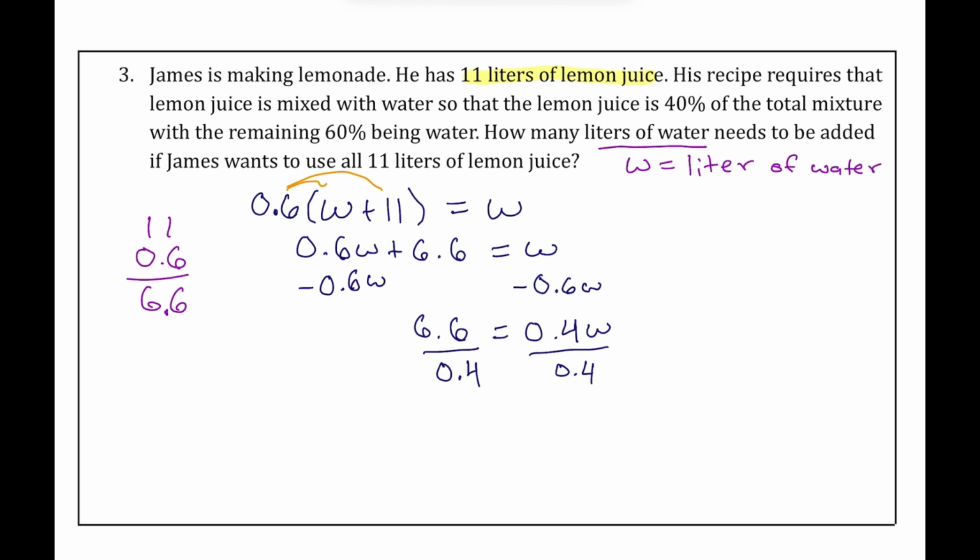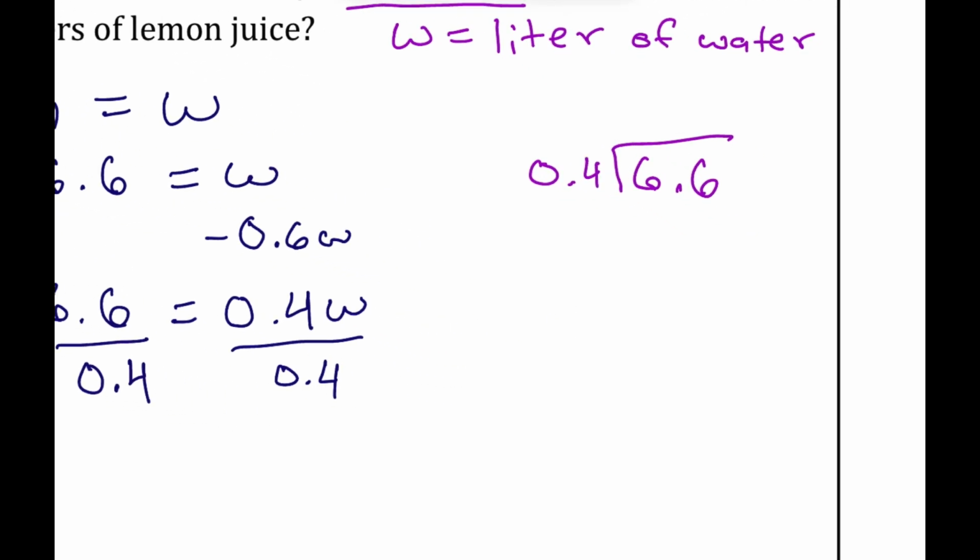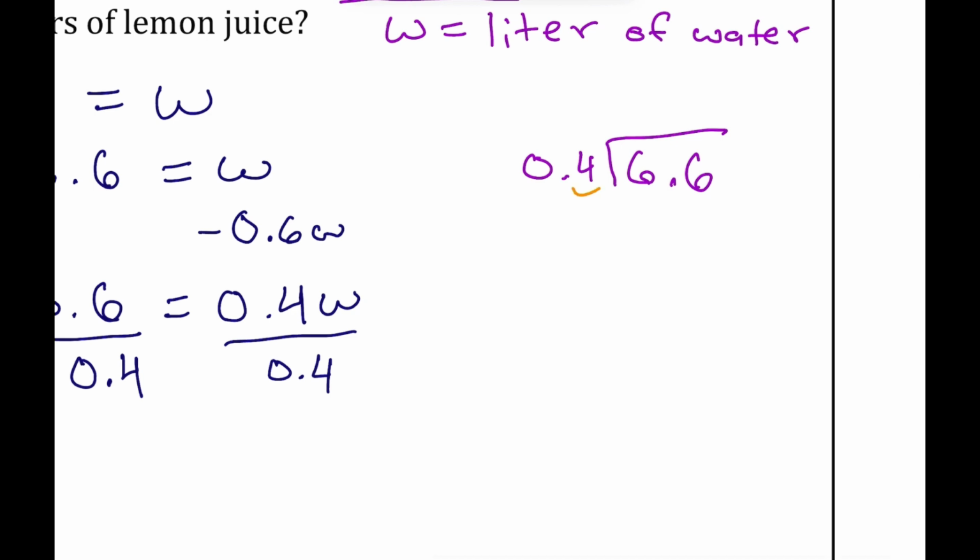So again, off to the side, let's do 6.6 divided by 0.4. We're going to want to get rid of that decimal. So if we move the decimal one place to the right for both of those values, that gives us 66 divided by 4. 4 goes into 6 one time. 6 minus 4 is 2.